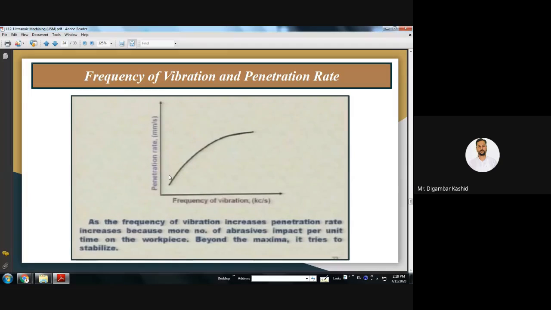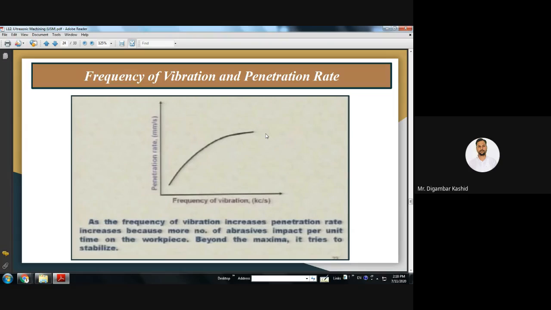As frequency of vibration is increasing, the penetration rate is also increasing, but it tries to stabilize. It increases up to a point, but then it tries to stabilize.